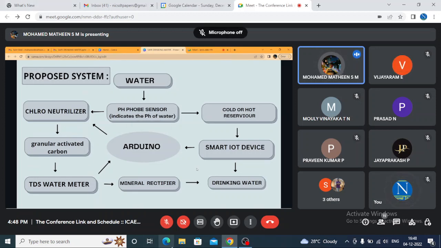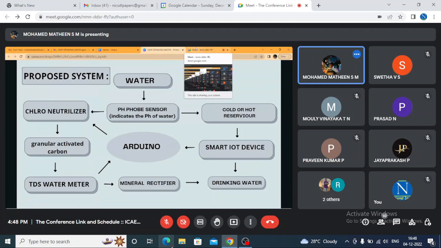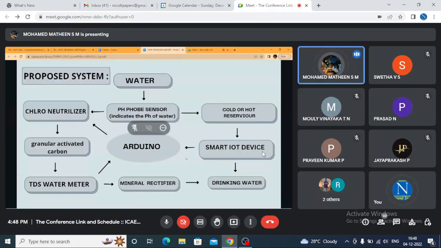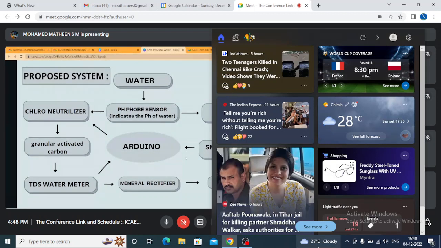Then it is sent to the granular activated carbon, in which the excess monochloramine gas is removed, and then it goes to the TDS, in which the mineral level is checked. It is also sent to the mineral cartridge, in which extra minerals are added. All these devices are connected with Arduino, and these details are sent to an IoT device, which a user can analyze from anywhere.